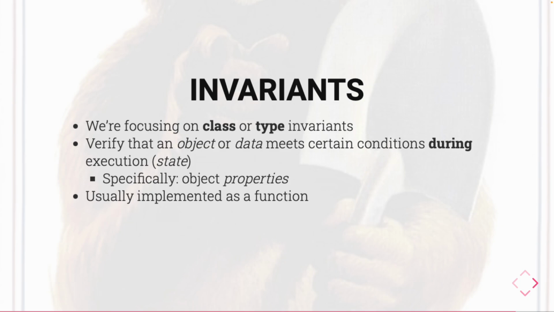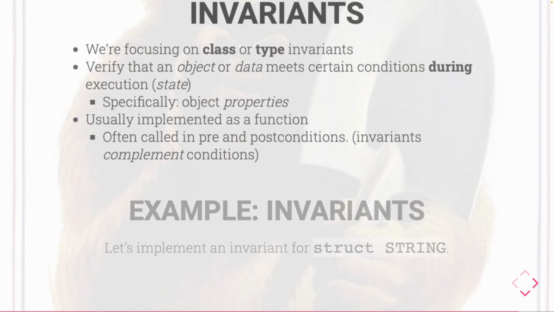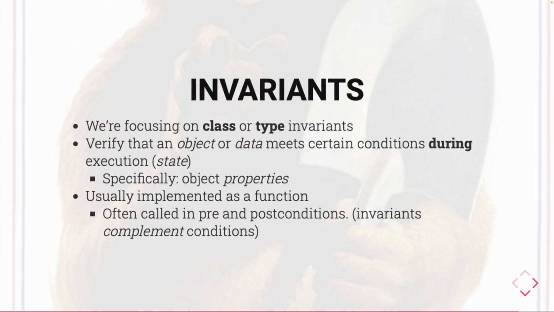And we usually implement this as a function that we call at the beginning and end of all these other functions. Again, how you choose to organize this is up to you, but what I do is make the invariant check be one of the pre and post conditions.